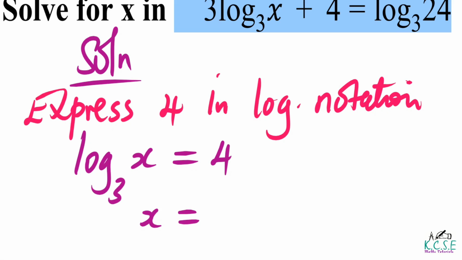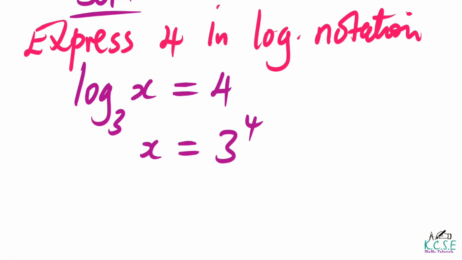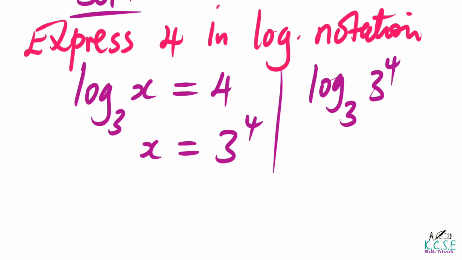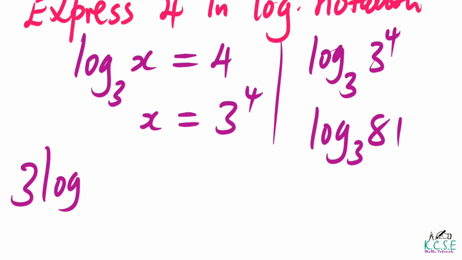So therefore, it will be logarithm of 3 raised to the power 4, which is the same as logarithm of 81. So that is 4. So now we have 3 logarithm to the base of 3 of x plus 4.